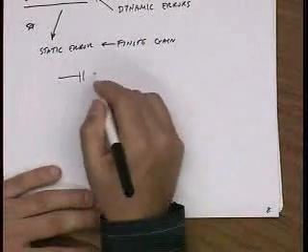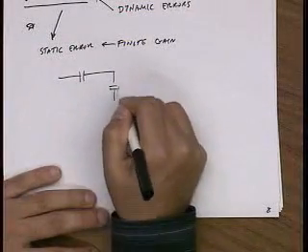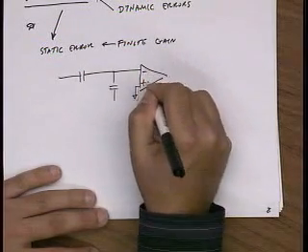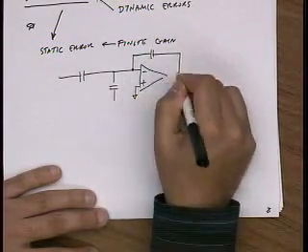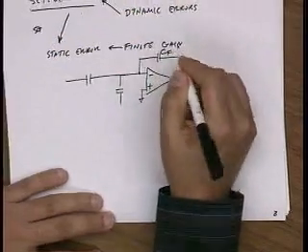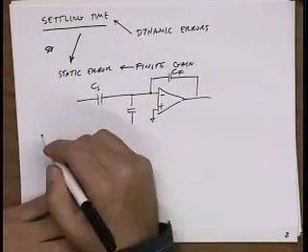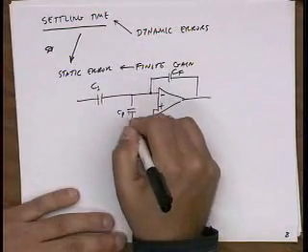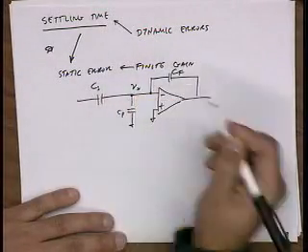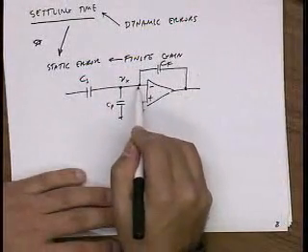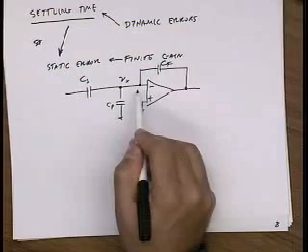So here's a simple example that you guys have become very familiar with. Say I have an inverting stage with feedback capacitor CF, sampling capacitor CS, and some parasitic capacitance CP. If this amplifier has infinite gain, I know that this point will be a virtual ground, right?